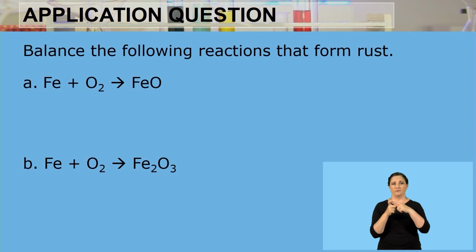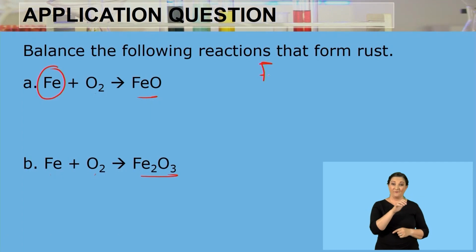In the second one, still the same reactants, FeO2, but the products are different. How is it possible that two identical sets of reactants form two different products? We know that the product is always different from the substances that made it up, but in this case, the reactants are the same.